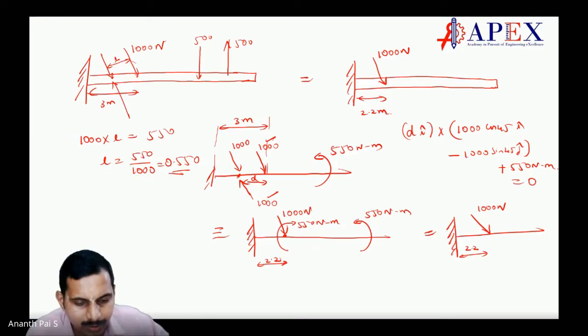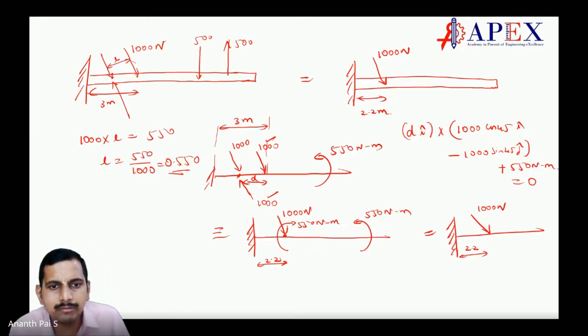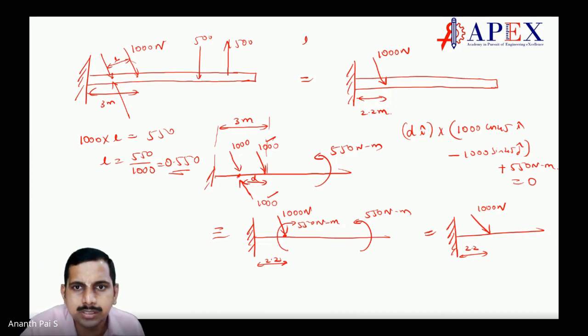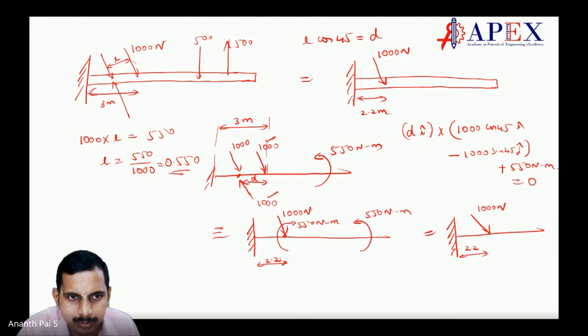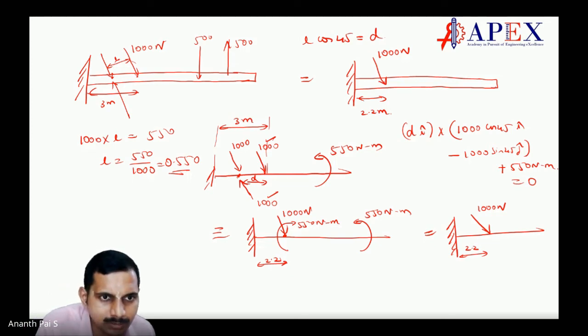Now E cos 45 is equal to D, correct? Since it is 45, the other side will also be 45, because that is 90 then. Wait a minute. What did I mean? This is E, okay?